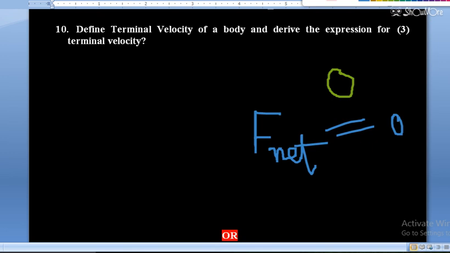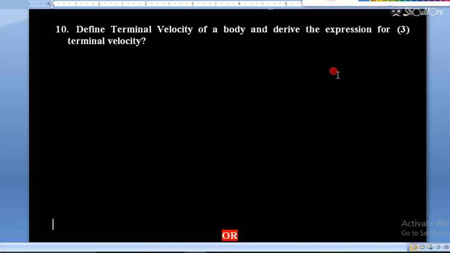For terminal velocity we have to consider three forces. Let's suppose this spherical body is falling down. Its weight is downward. Upthrust force, that is U, will be there.